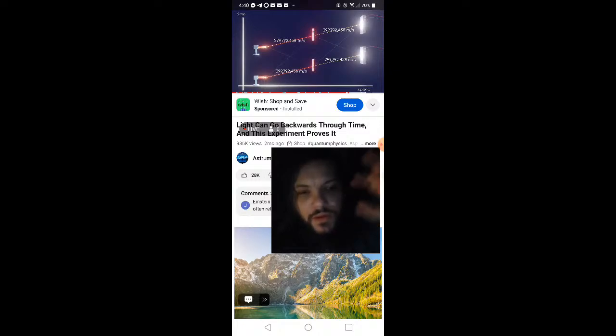No 4D representation is really needed for this, because all you need is like a flip book type idea. One moment this is happening, and then the next moment this other one is happening. And the only way that the first one could possibly affect the other one is if it was traveling through time.